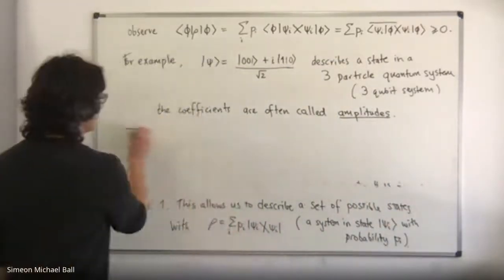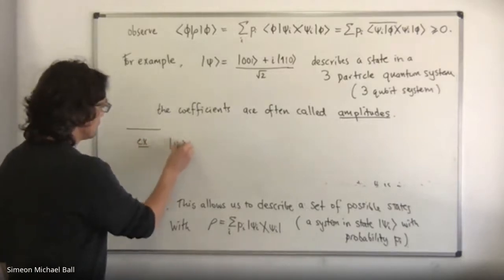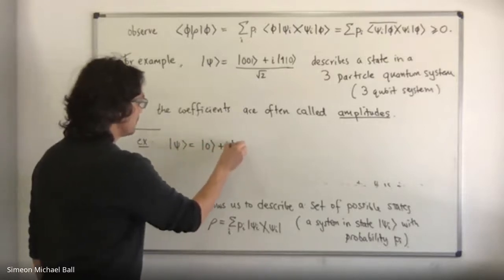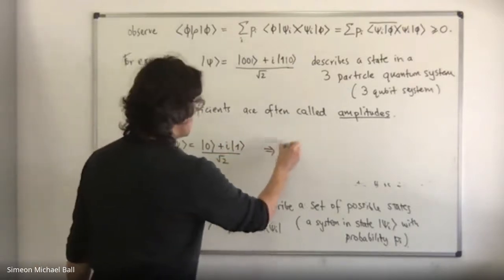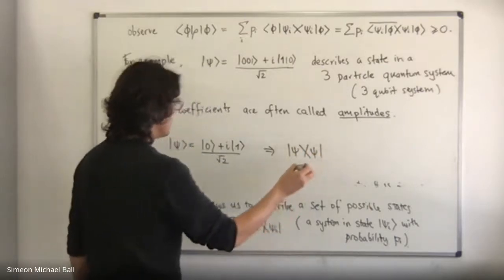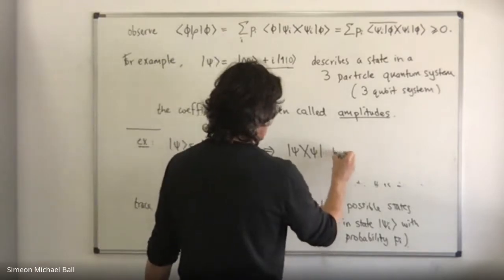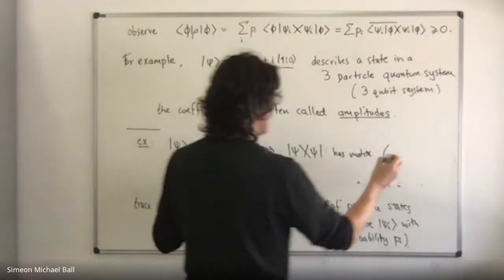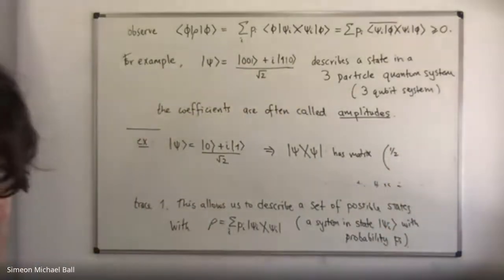There's something curious here. So let's say, another example. Let's use the matrix thing just because then you'll see a little bit there.